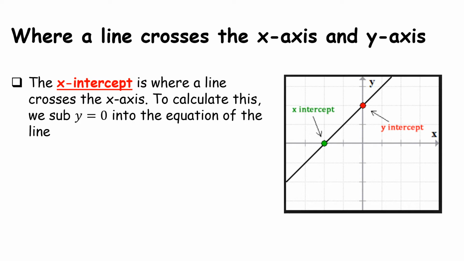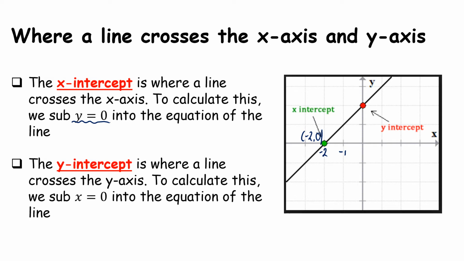But if you think about these points, so let's take this point here as minus 1 and this is minus 2 on the x-axis. The x-intercept here is going to be minus 2, 0. Any point that I pick along the x-axis is going to have a y value of 0. So that is where this y equals 0 is coming from.